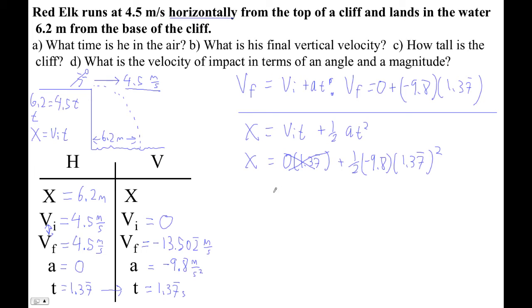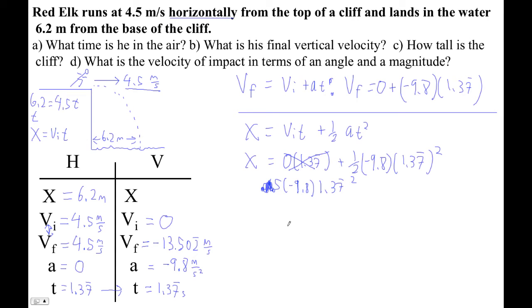So I'm simply going to do this. I'm going to type this into my calculator. 0.5 times negative 9.8 times 1.37 repeating squared. Okay, so 0.5. Oh wait, why did I say 0.15? 0.5. Sorry, that's 1/2.